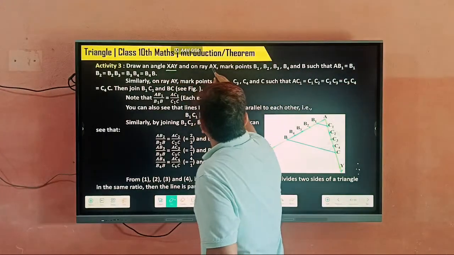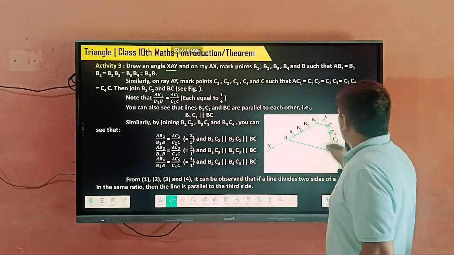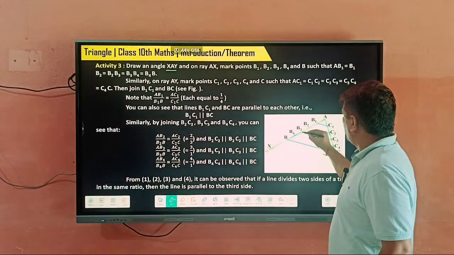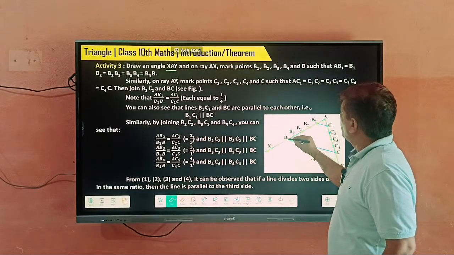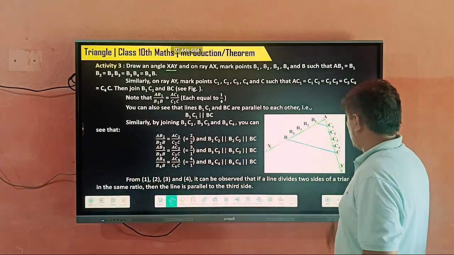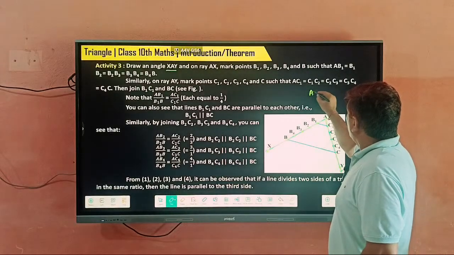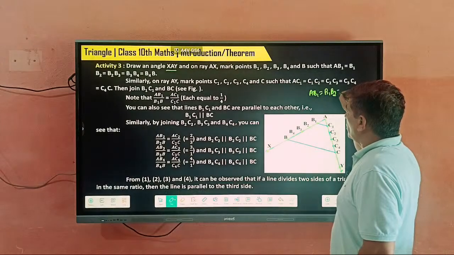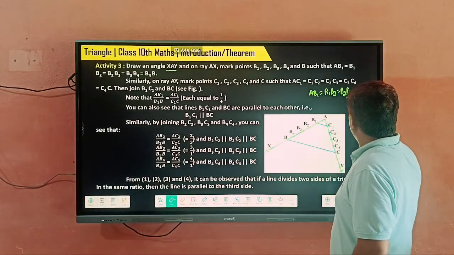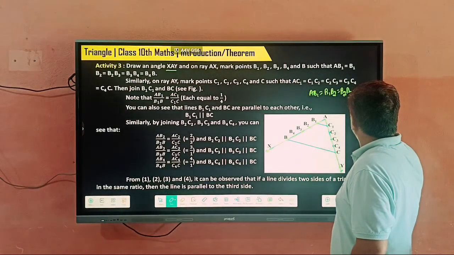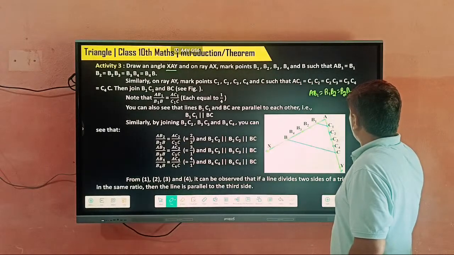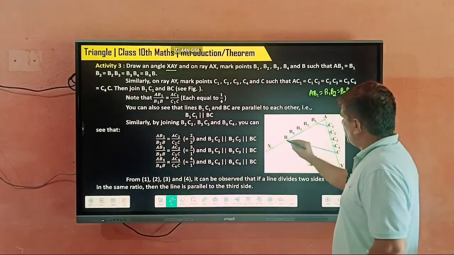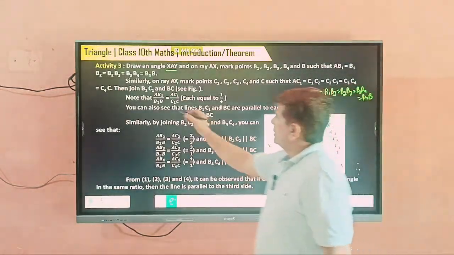And on ray AX mark points B1, this is the first point, B2, B3, B4, B5, such that AB1 equals B1B2 equals B2B3 equals B3B4 equals B4B. The last one is B. That's written here also.